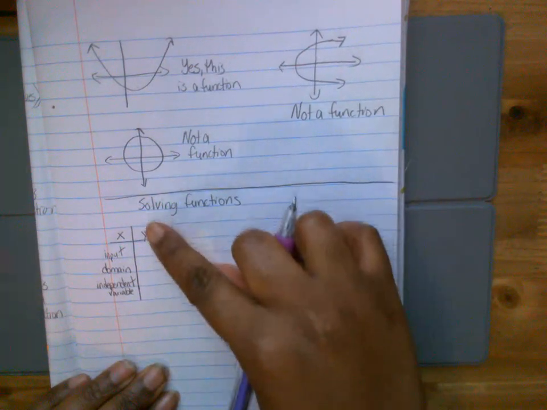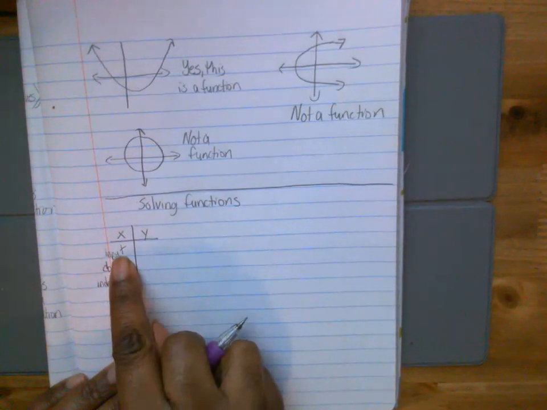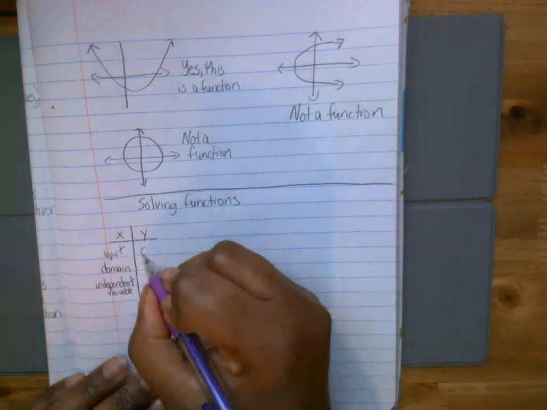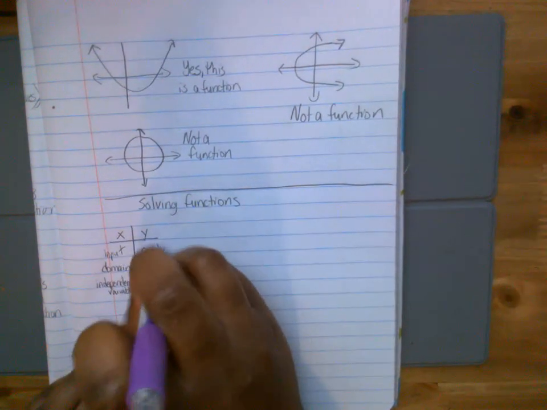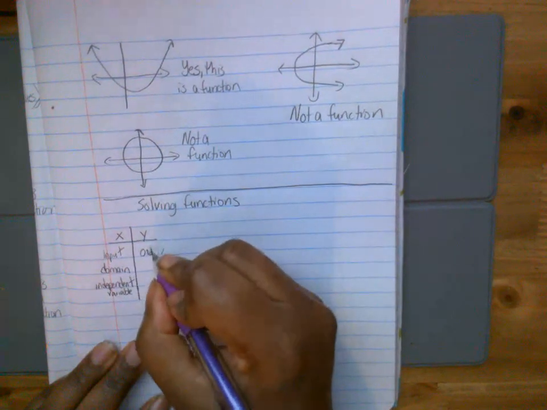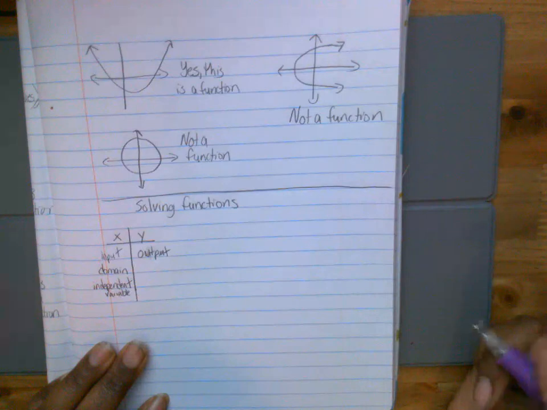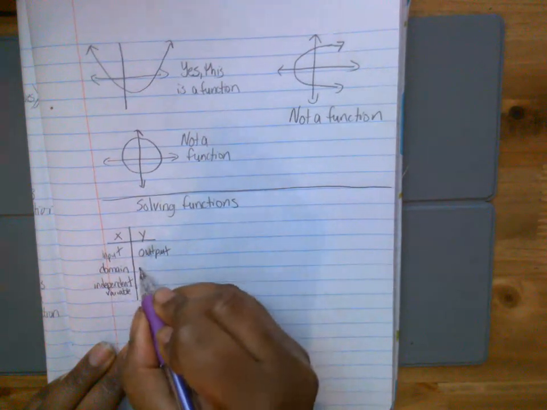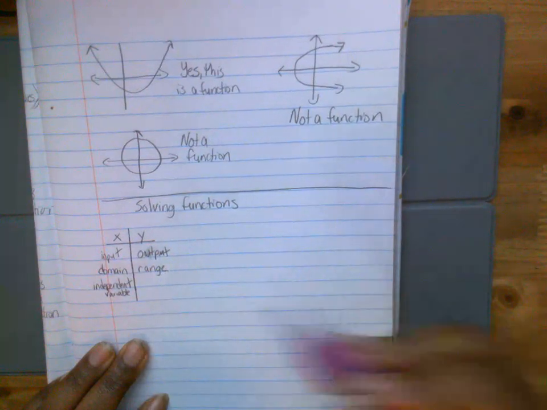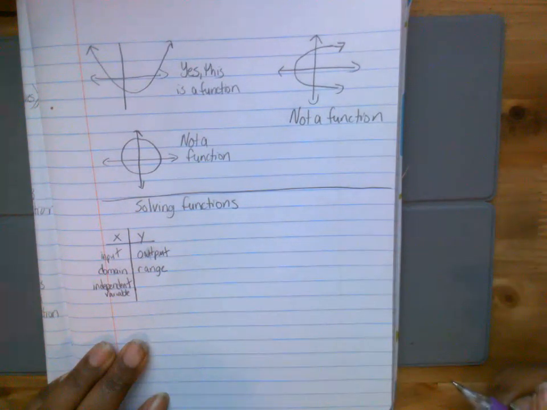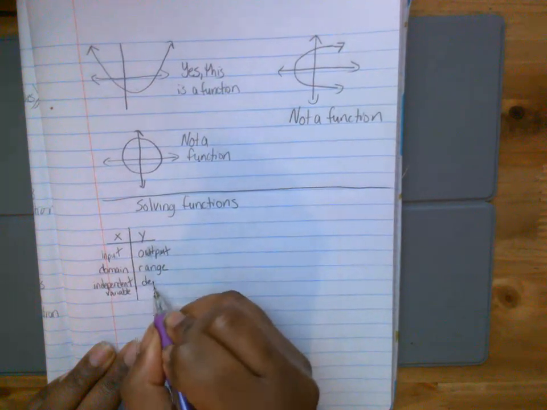The different names for Y: the opposite of input is output. That's the name for Y, the output or the answer. The opposite of domain is range. That's a synonym for y. The opposite of independent variable is dependent variable.